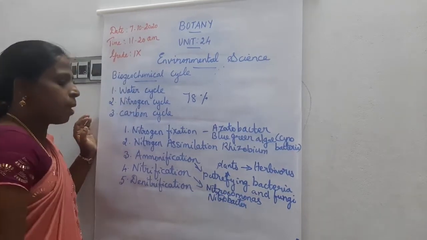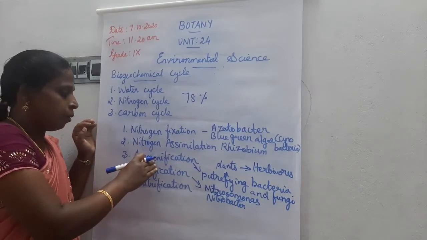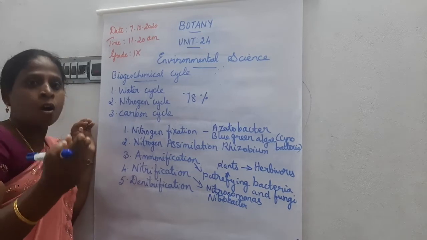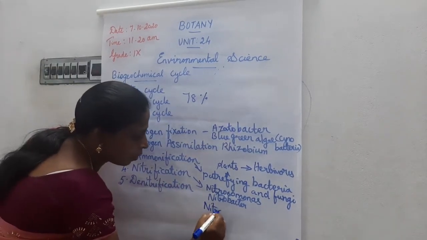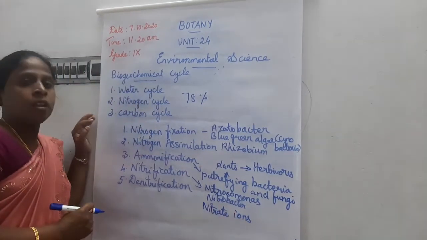With the help of these microorganisms, the ammonia produced during ammonification gets oxidized and forms nitrate ions. Soluble nitrate ions are produced.